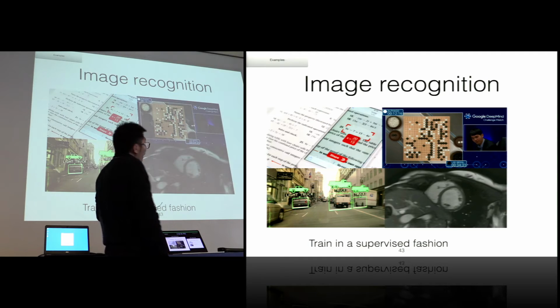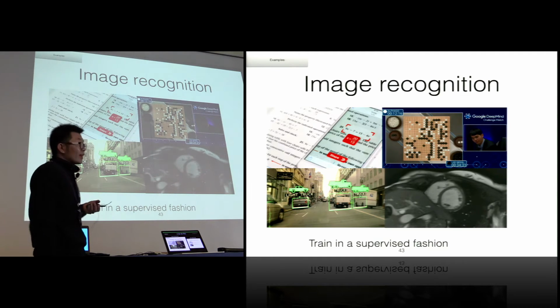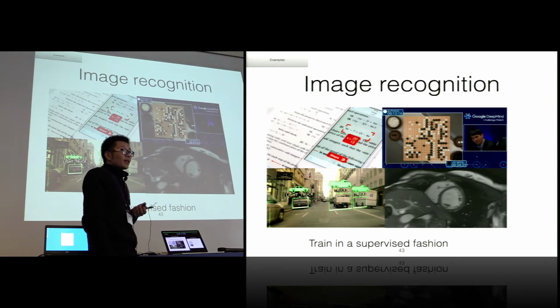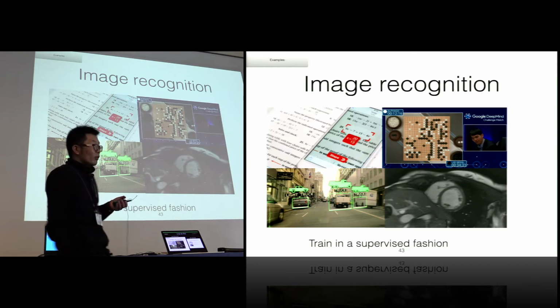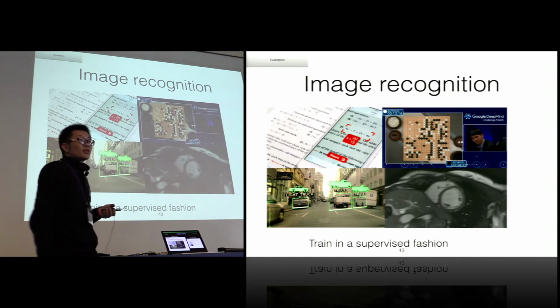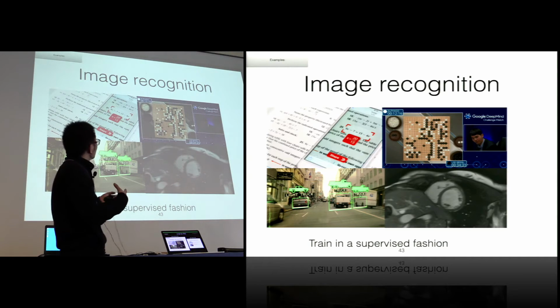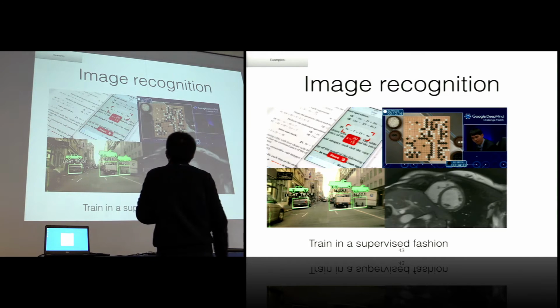There are also other cool examples in image recognition. The top left one is an app where you can take a picture of your son's math homework, and it can recognize the equations and give you answers. It just recognizes the image, extracts these characters, and does some calculations.